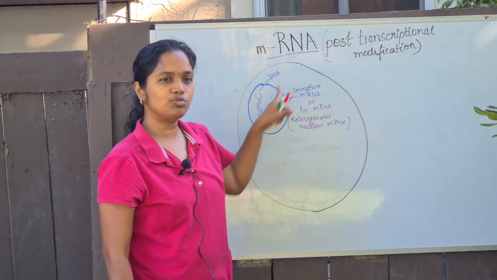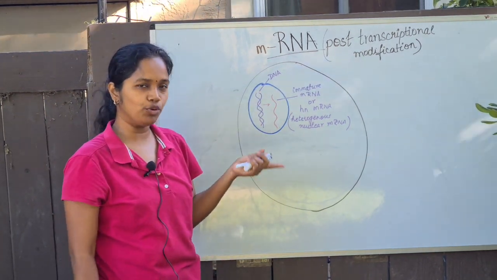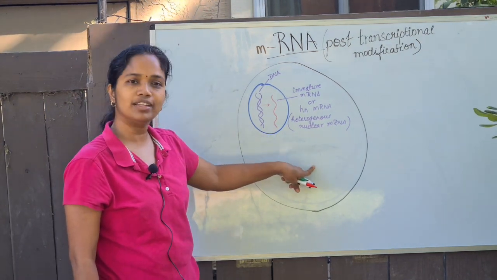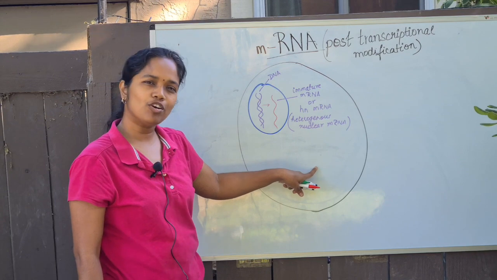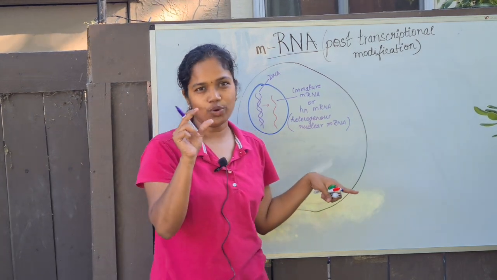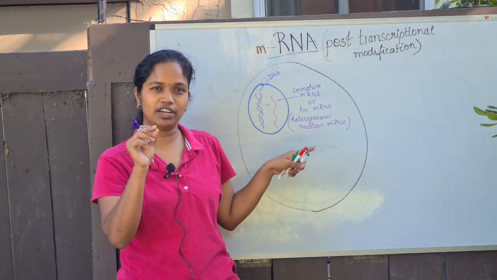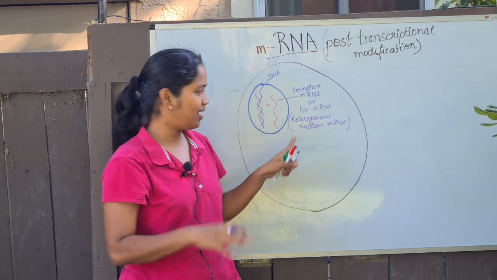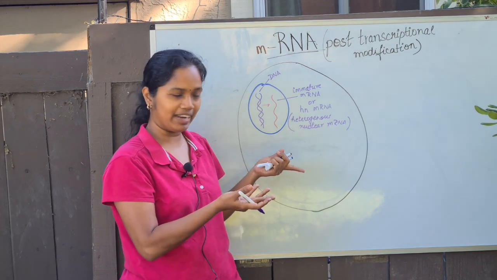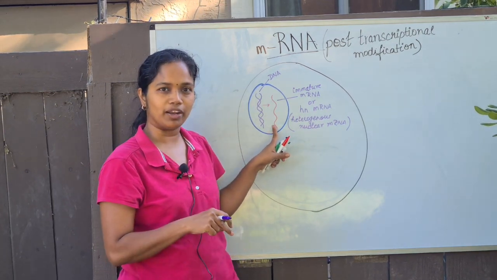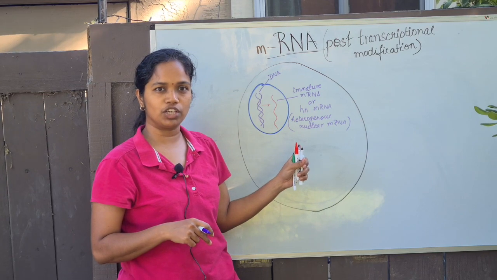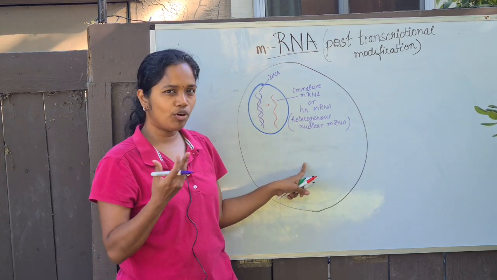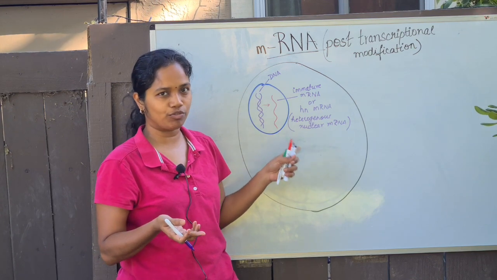Without this post-transcriptional modification, which I am going to tell you in a short while, this mRNA will not be able to survive inside the cytoplasm, because there are many exonucleases. Nuclease, anything which ends with the word ase, is supposed to cut or splice away our product, right? So here our product is the immature mRNA. So without the post-transcriptional modification, it cannot withstand in the cytosol, and for many other reasons also post-transcriptional modification happens.